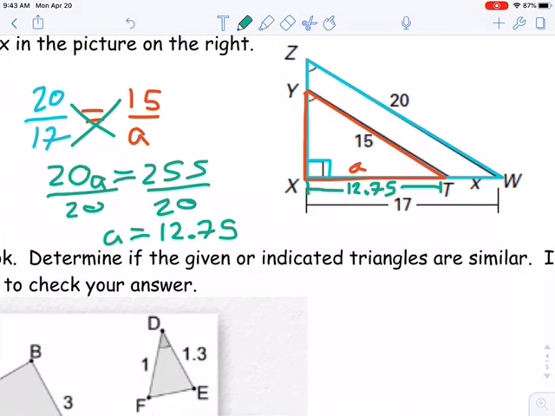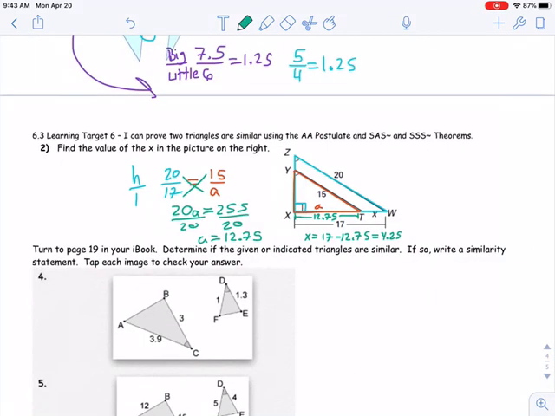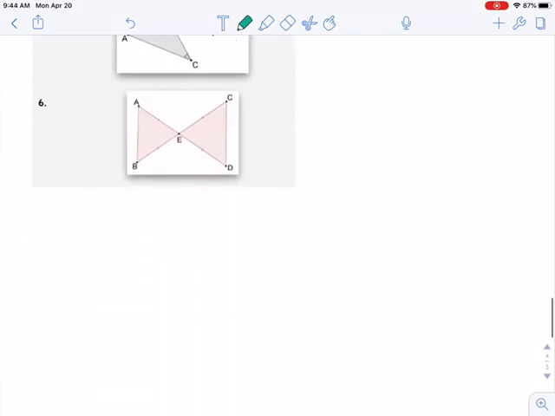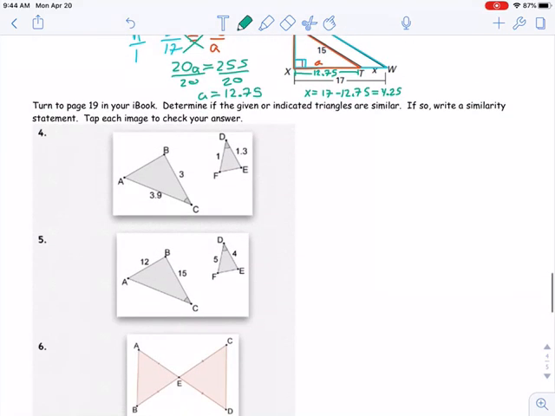So then what's x? I'm just going to do 17 minus 12.75, and it equals 4.25. Nice. Cool. All right. Now we've got 3 problems, and then we're done.